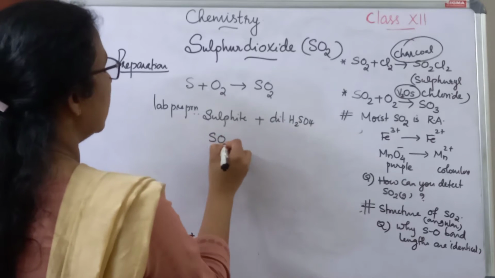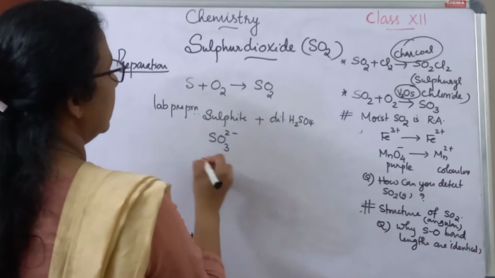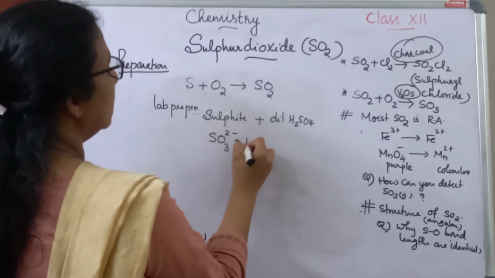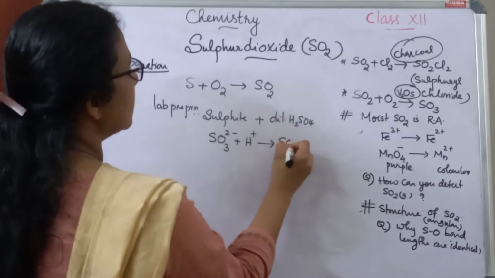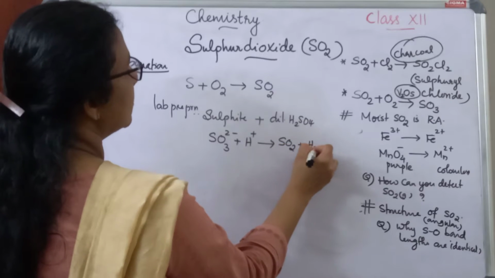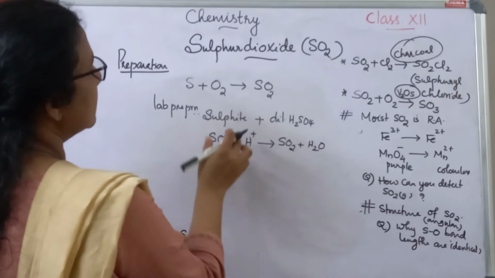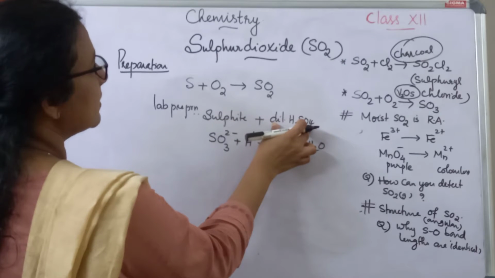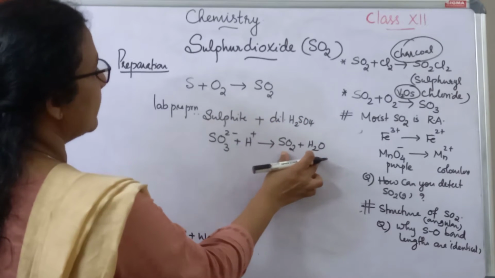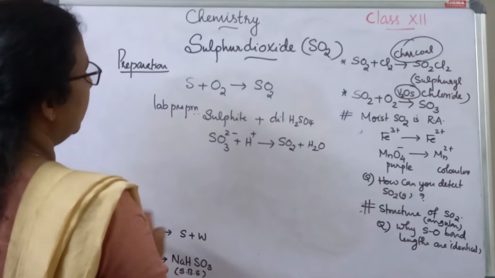Sulfite ions, SO3 2 minus, react with acid, that means H plus ions are there, we will get SO2 and H2O. So this is a reaction. So sulfite is treated with dilute acid like sulfuric acid, we will get sulfur dioxide. This is a laboratory preparation.